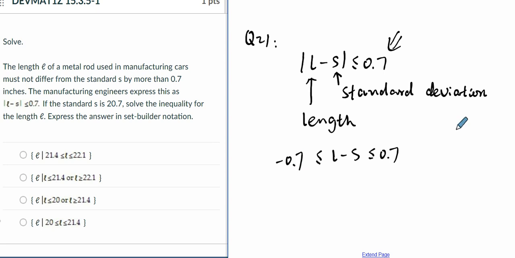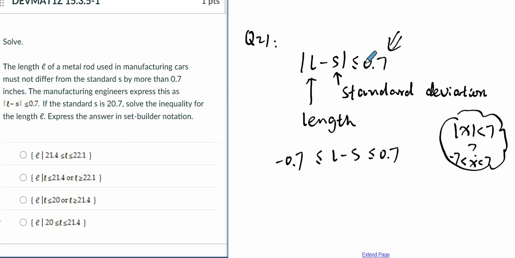Again, previously we did the absolute value of x minus 7 less than 7, right? Recall that. We translated this to x less than 7 and greater than negative 7. So here we did the same thing.